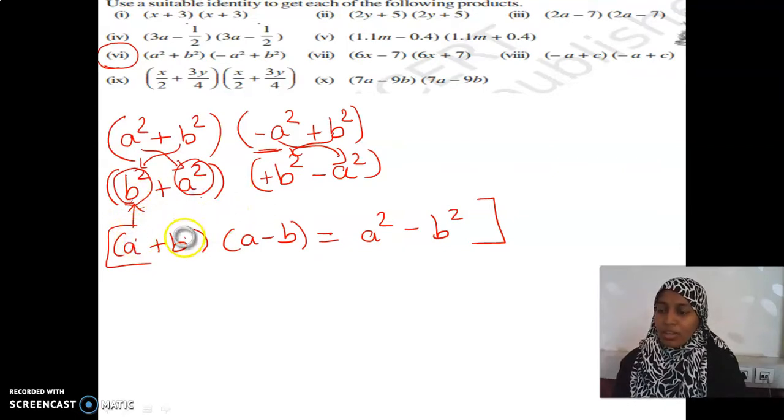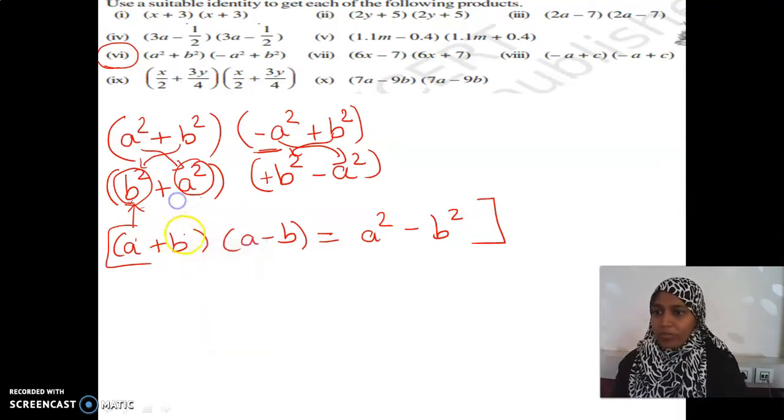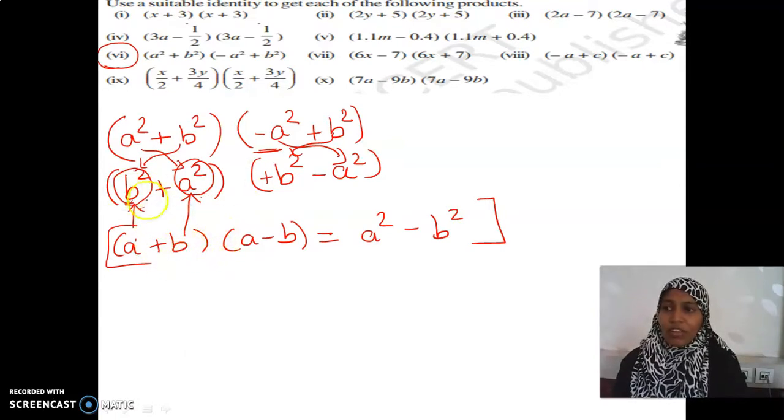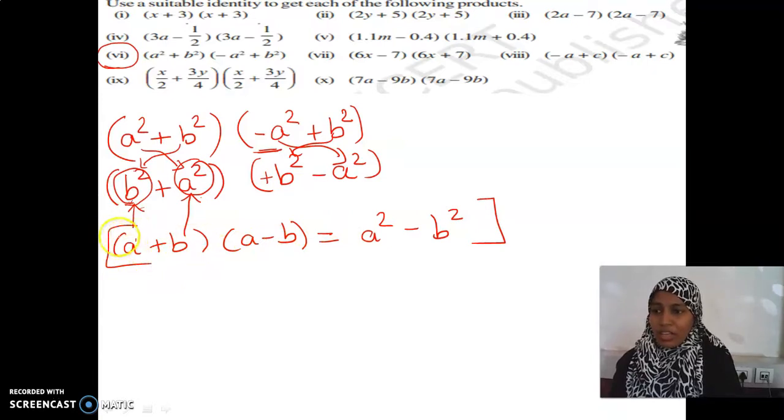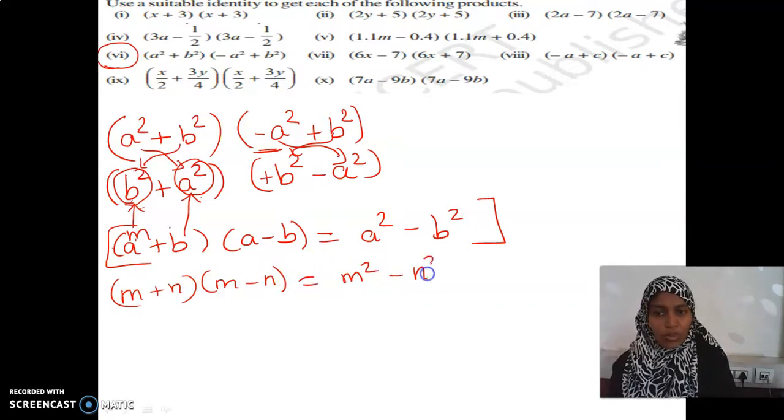In the place of b, I have a squared. Okay, children, don't get confused. If you have a and b in your question, instead of a and b in the identity, you can have m and n also. Okay, I will rewrite this here. (m plus n)(m minus n) is equal to m squared minus n squared.